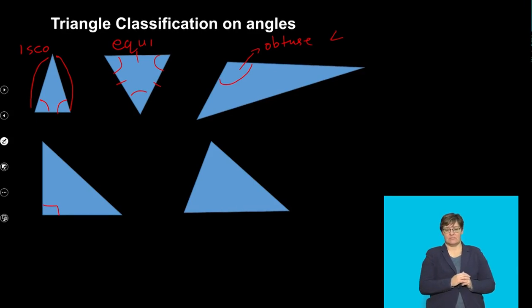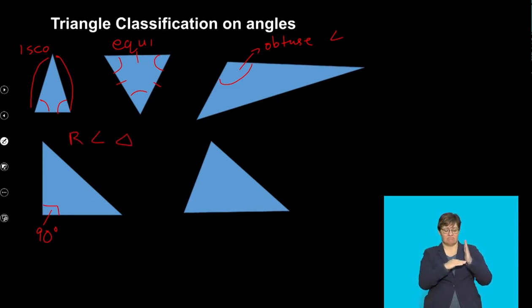We normally show it as 90 degrees here. So as a result, this will be a right-angled triangle. And then the last one, this is different from that, which is different from that. This is different from that, which is also different from that. So as a result, none of the angles are equal.